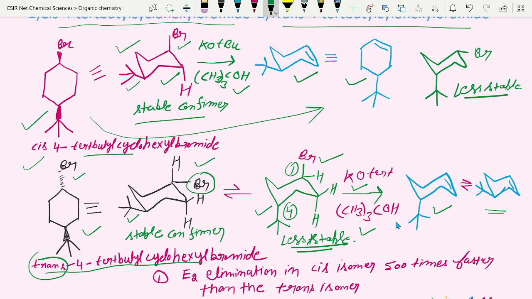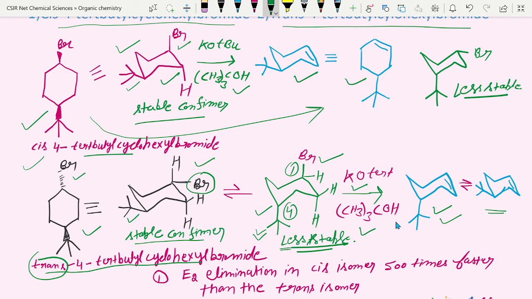But when we have the trans isomer, we first get the stable conformer. Then the stable conformer first converts into the less stable conformer, then it reacts, and further gives our desired product. So in the case of the trans isomer, it first has to convert into the less stable conformer. This is the slow step of the reaction, because it is very difficult to convert into the less stable conformer.